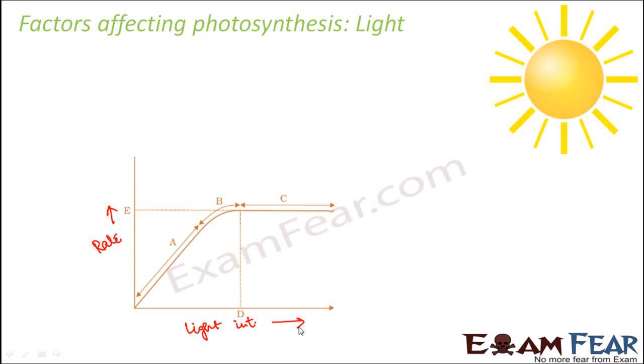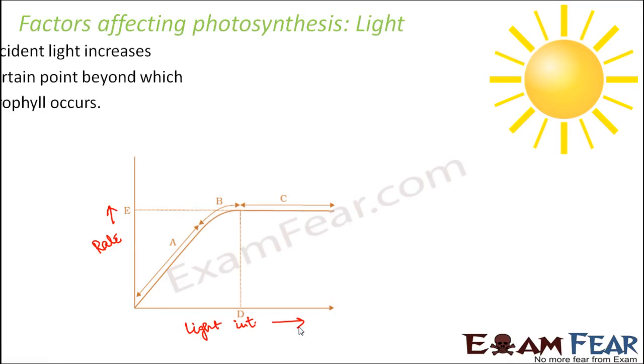Actually speaking, the rate of photosynthesis is not determined by any one factor. It is dependent on multiple factors like light, temperature, water, carbon dioxide concentration. So as long as it is dominated by one factor, the other factors might not bring about a change. Right? So let us try to see the dependency on light.